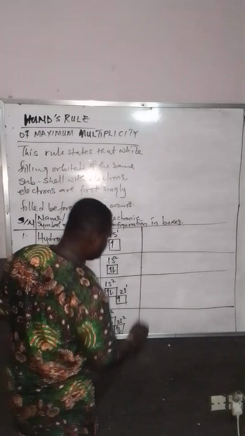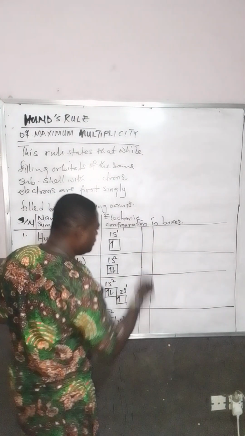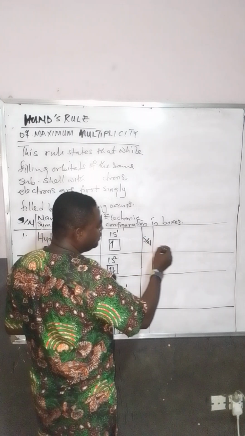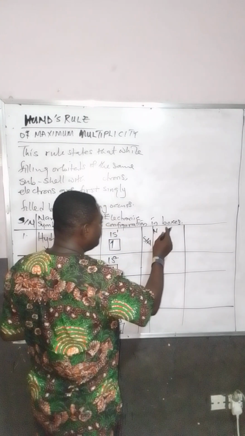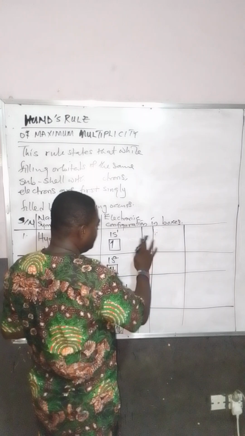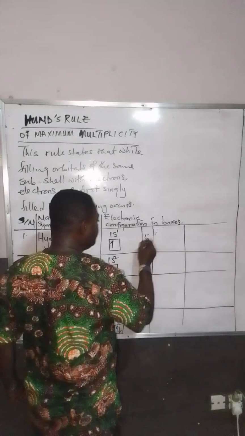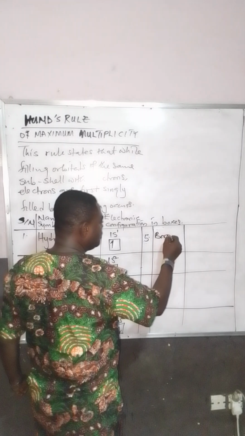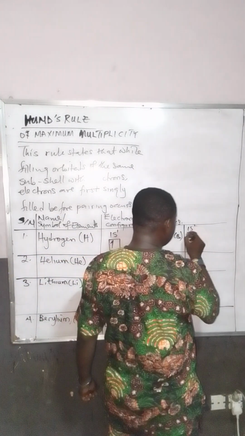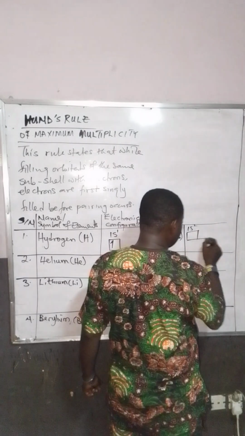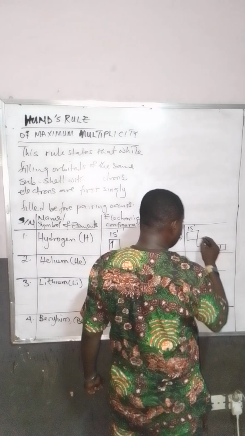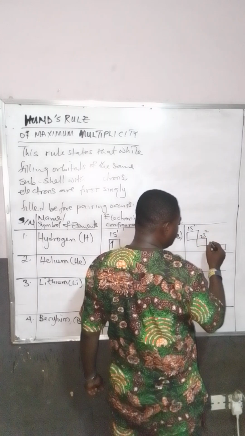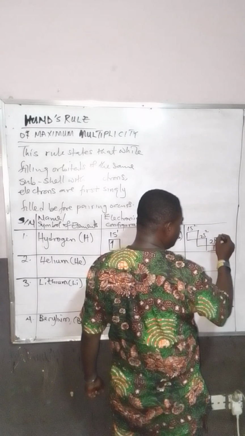Now let's continue to the serial number and the name. Number 5 now: boron, B. So boron is 1s2, 2s2, 2p1.